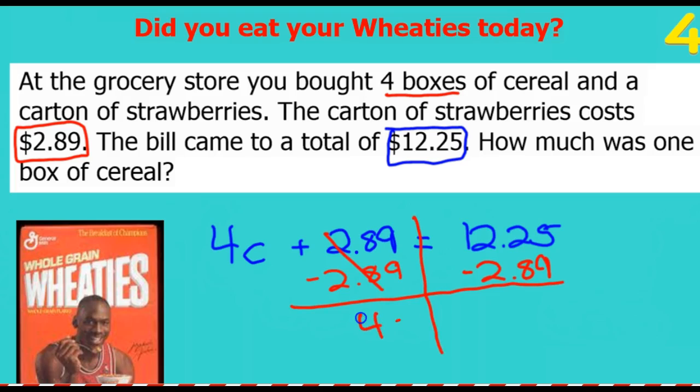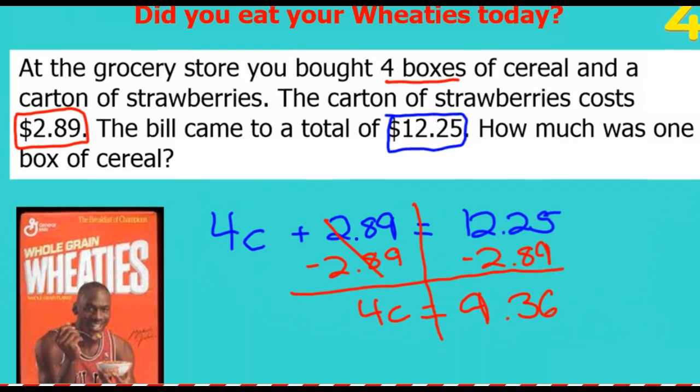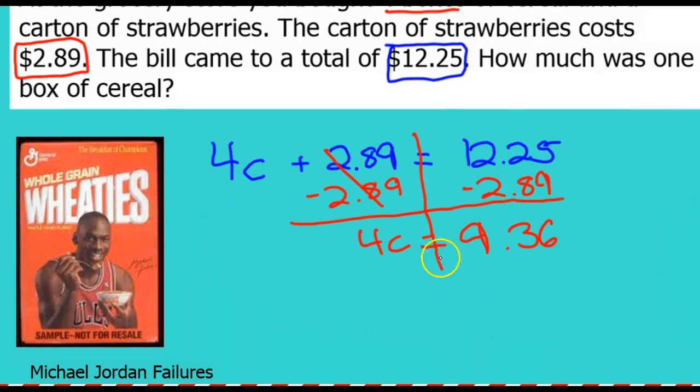So we get 4C equals, hold on, let me get out my calculator here. 12.25 minus 2.89 gives us 9.36. Now we have 4C equals $9.36. Divide by 4.